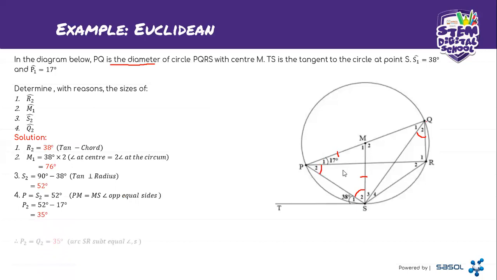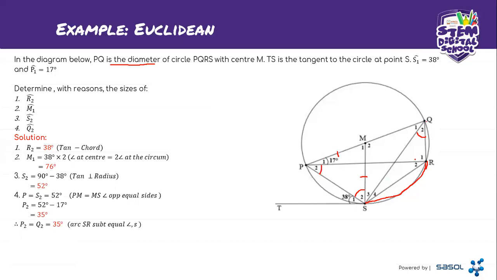And then I also touched on this one to say angle P2 is equal to angle Q2, right? What is the reason? Arc RS subtends equal angles. I'm referring to this arc there. If you don't want to say arc, you can say chord.